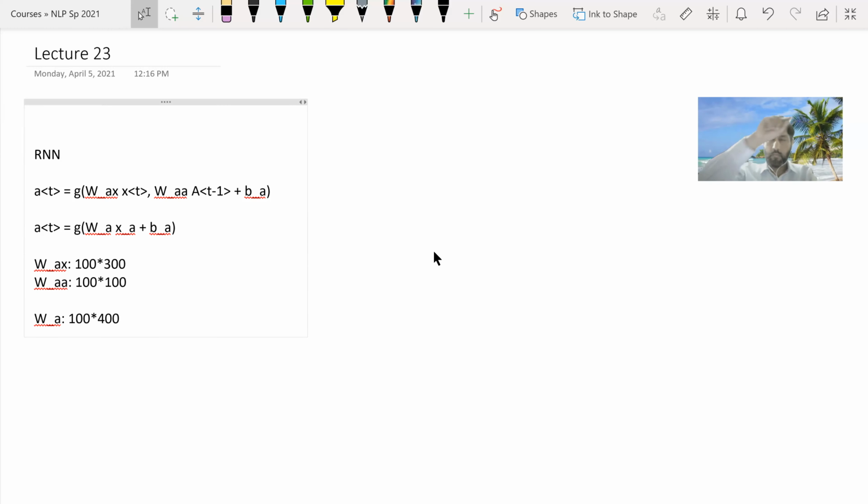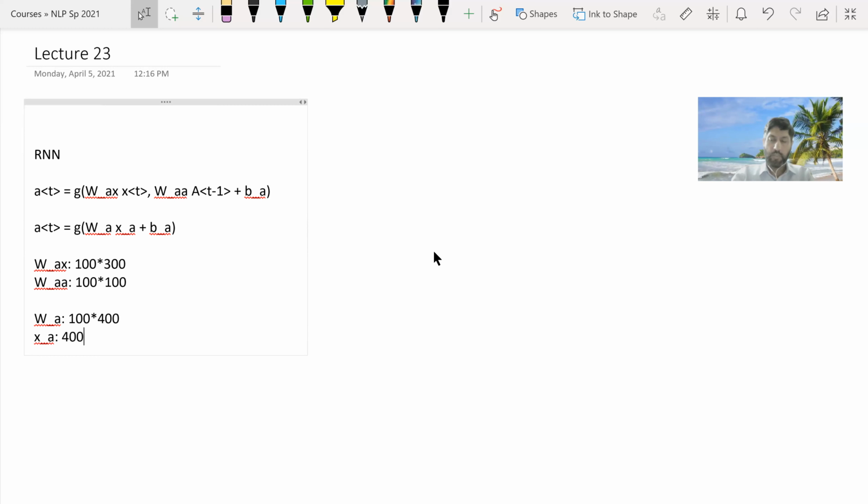So now the WAA matrix is concatenated to the right of the WAX matrix. WAA was 100 by 100. We have concatenated it to the right of the WAX matrix. As such, the WAX matrix has increased in size to 400. And similarly, our XA would then be of size 400.